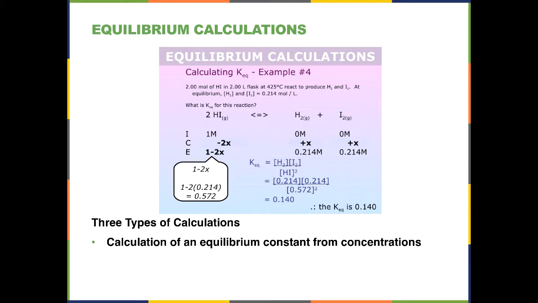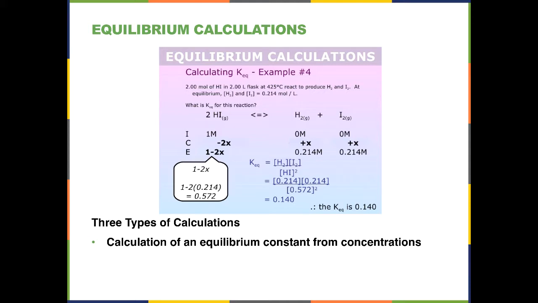You notice here, you start out with 1 molar hydrogen iodide and no hydrogen and no iodine. Then the change is X and X on the hydrogen and iodine side and 2X on the hydrogen iodide side.